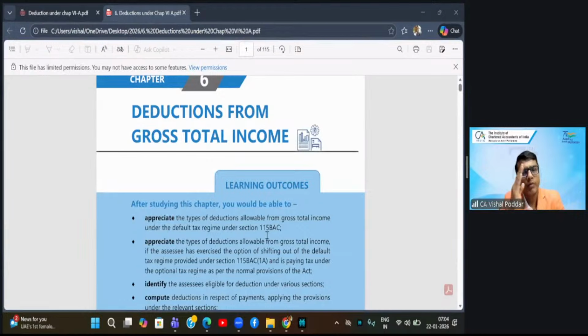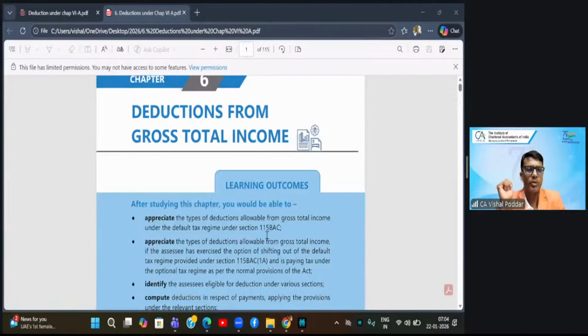Now, after you have computed incomes under each head, or rather each source first, and then after aggregating them under each head, if there is a loss, you knock off the loss against incomes, which you studied in the previous chapter of set off. Now you reach the point which is called gross total income, which is the total of all the 5 heads.